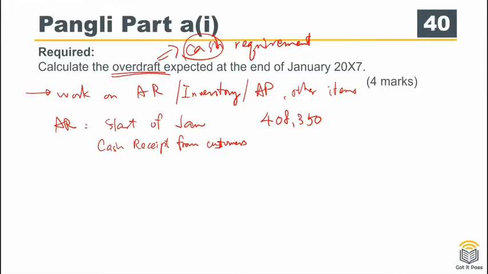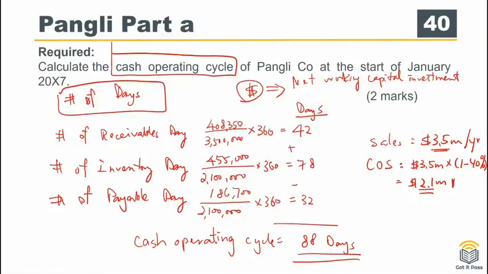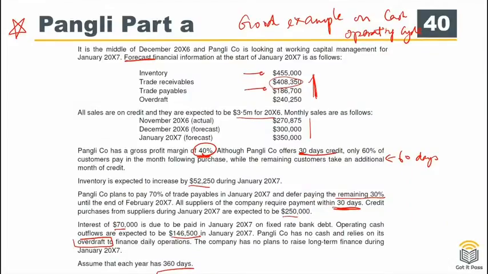Any cash receipts from the customers? Yes, because the question is saying that the customers would like to enjoy 30 days credit and 60% of them enjoy this credit. The other 40% pay in 60 days.